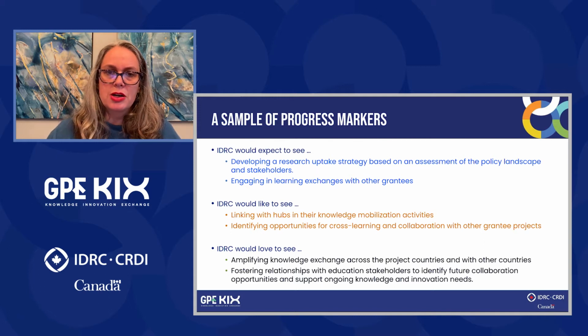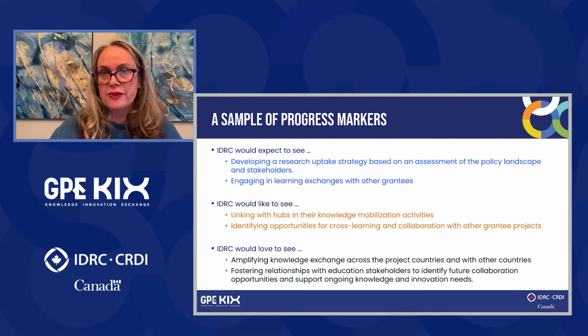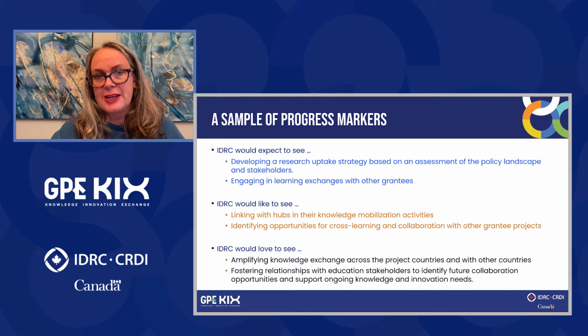The progress markers that we use are divided into 3 categories, and these show a progression of change. When we start off doing something, we hope that we'll get better at it, and the way that we do it will shift and change as we get more information, as we encounter new people, as we build our own capacity.